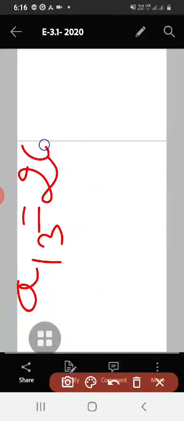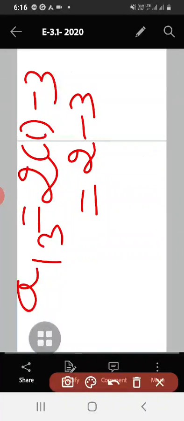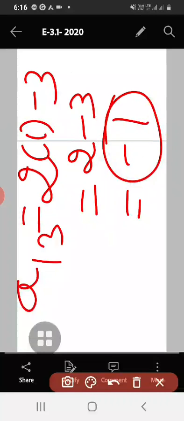Then A13, that is 2 into 1 minus 3. 2i minus j, that is 2 minus 3, that is minus 1.